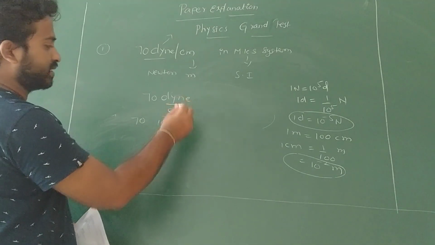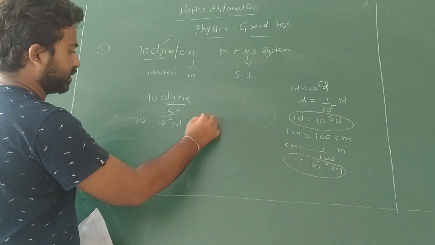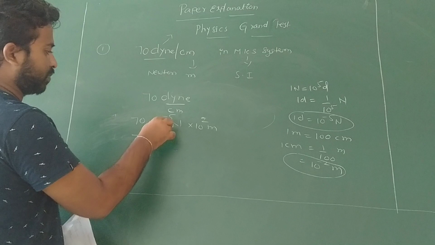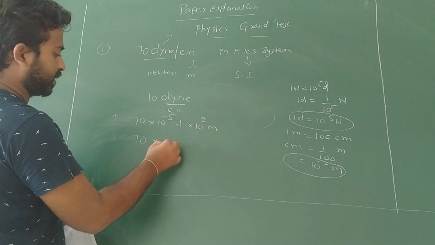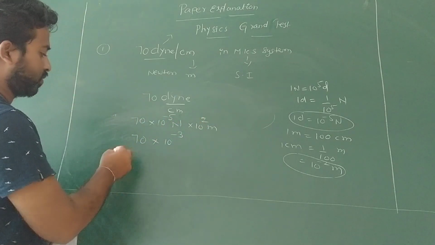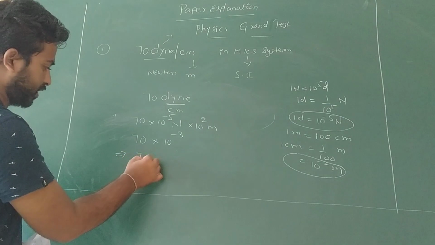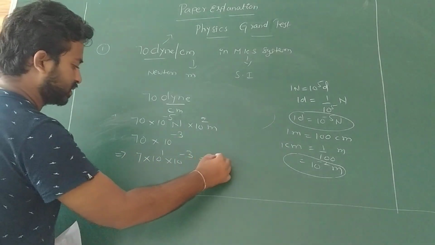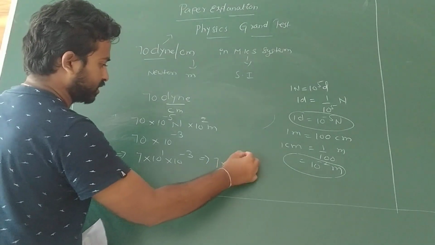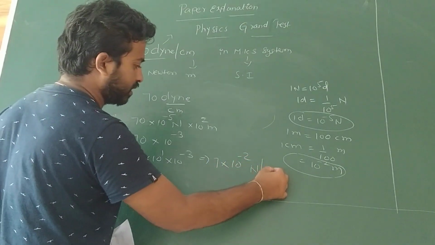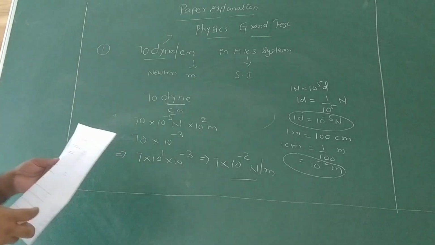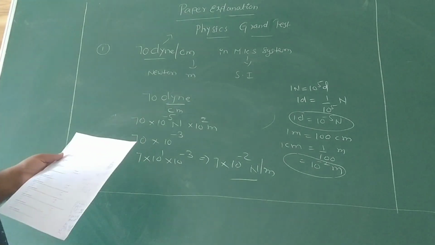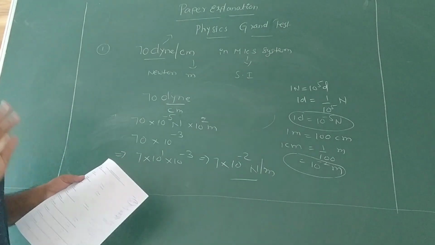Then it goes to numerator, means it becomes 10 square per meter. Now you can see 70 into 10 power of minus 5 into 10 square. It becomes 10 power of minus 3. Now I will write this 70 as 7 into 10 power of 1 into 10 power of minus 3. Then it becomes 7 into 10 power of minus 2 Newton by meter. So the first question answer is option B, 7 into 10 power of minus 2 Newton by meter.